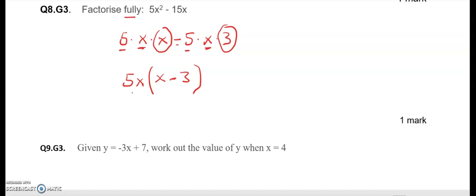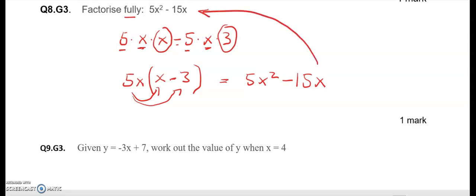So we go 5x times x, that is 5x squared, and 5x times minus 3 is minus 15x. So that does come back to what we started with. So this is the correct answer.